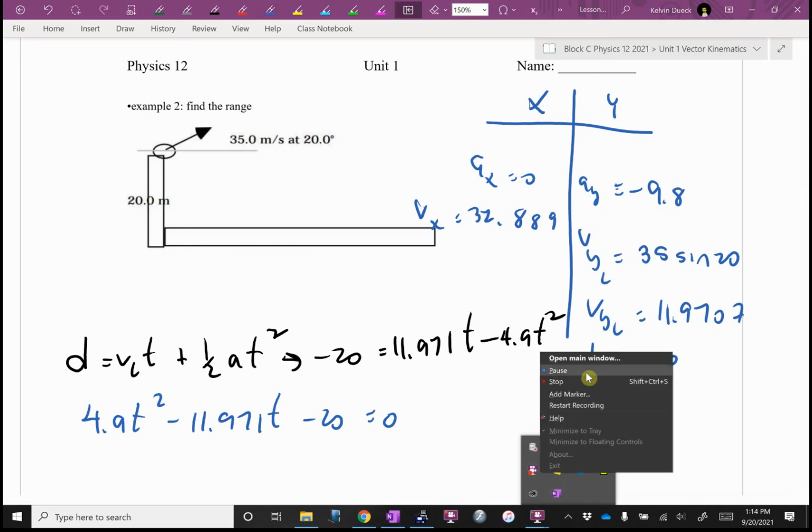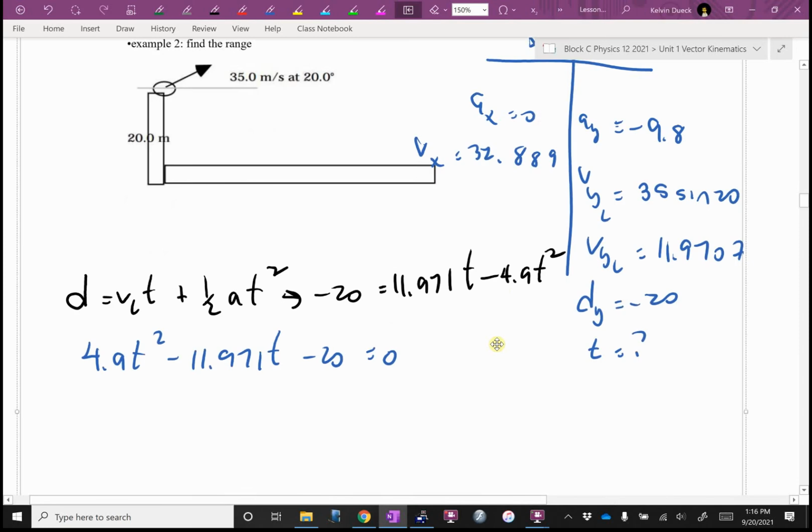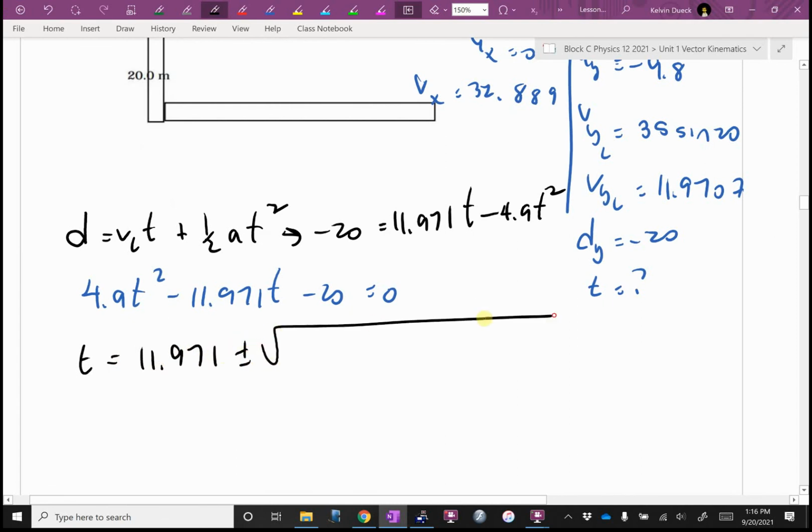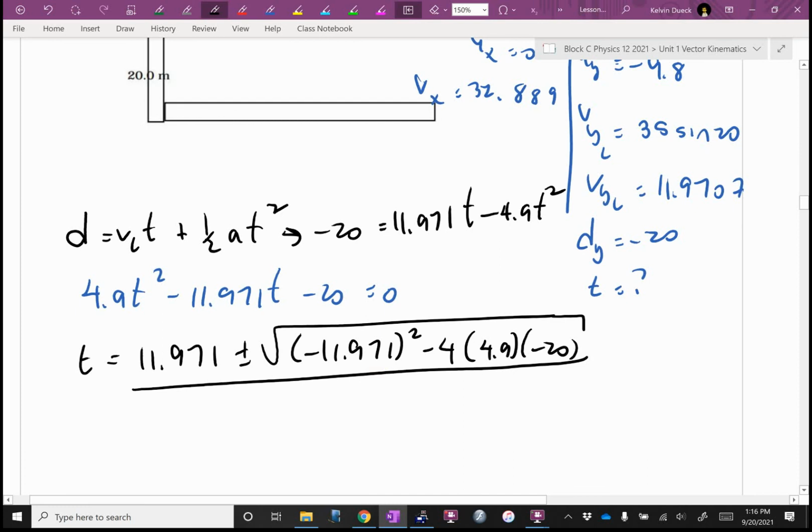Try that, see what you get. Alrighty, it's going to be T equals positive 11.971 plus or minus the square root of negative 11.971 squared minus 4 times A times C, all over 9.8.